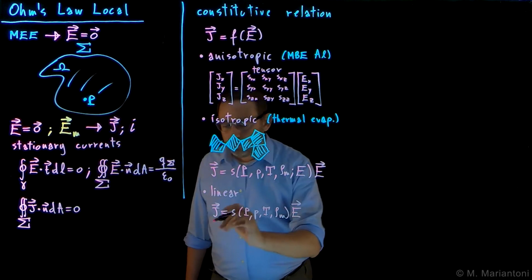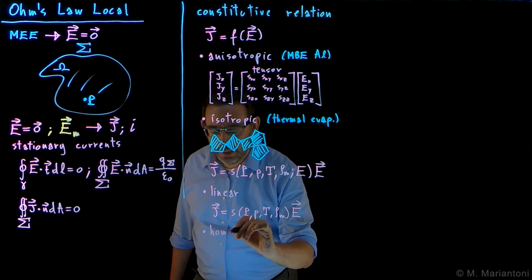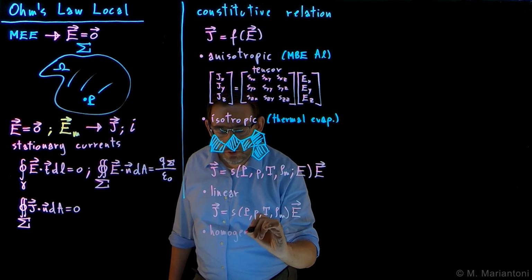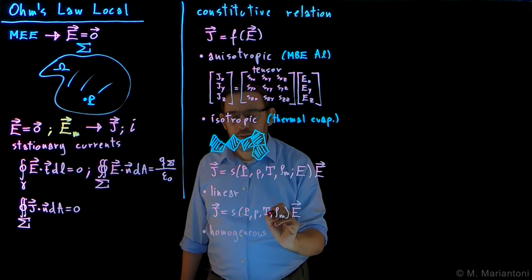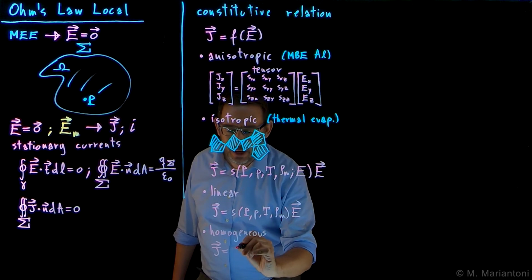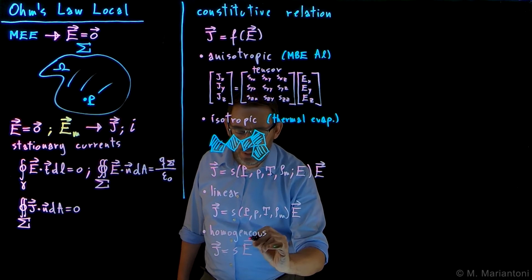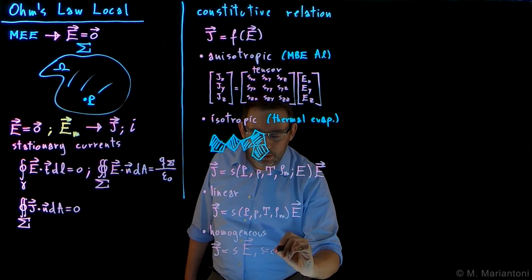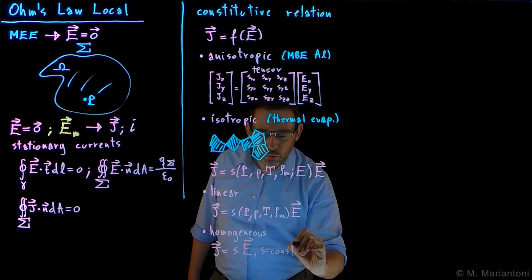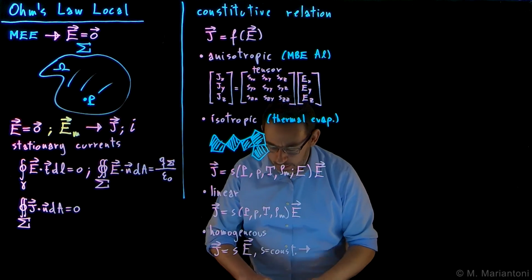All right, and finally, to simplify even further, we consider homogeneous materials. So in this case, it so happens that J is just given by a constant parameter S times E, where now this parameter S is a constant, and this quantity is called the conductivity of this material.